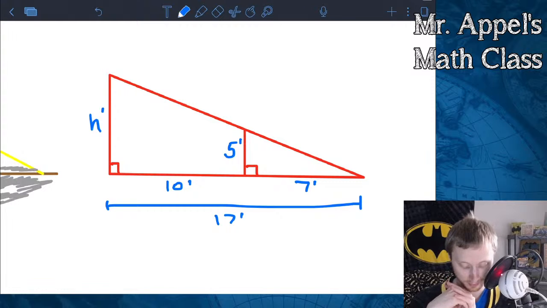Seven. I'm afraid it's a little more than 7. 7 is the length of your shadow here.